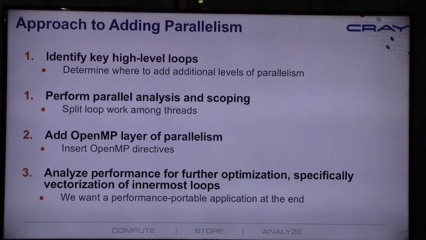And that, depending on the size of the loop, can be a daunting project, and we'll show you some examples here in a moment. And then adding the OpenMP layer of parallelism, so building the directive in so that you can actually run the loop in parallel. In addition to that, one of the things that Reveal can help with is giving you some optimization feedback so that you can also go after vectorization within your loops.